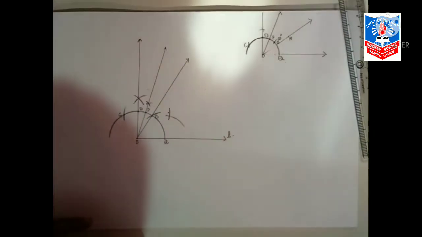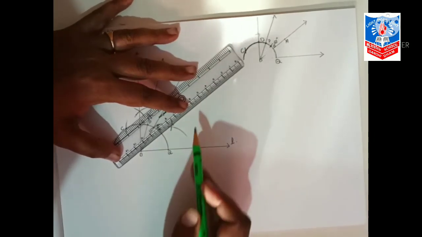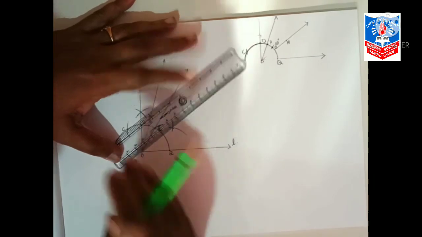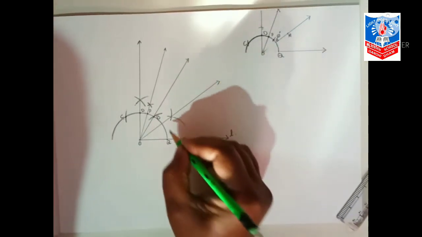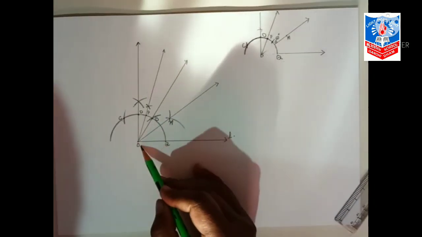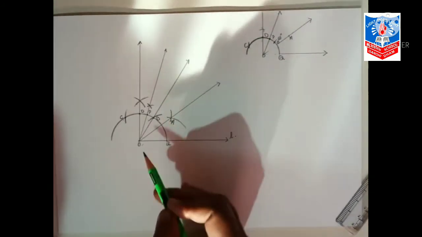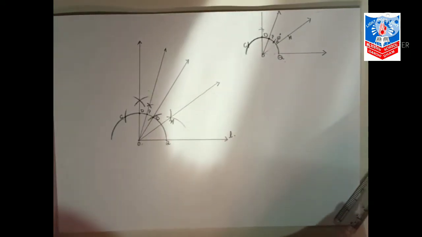Now join this. Give this the name M. Now see, OM is the line of symmetry of angle POQ. Understood?